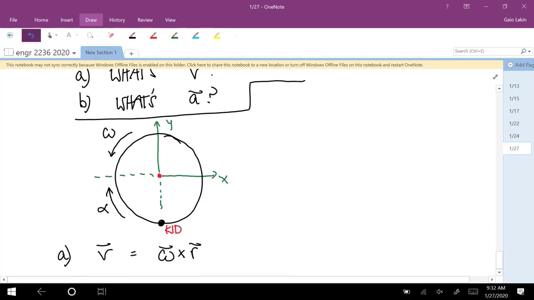So if it's rotating in this direction, curl your fingers in the direction of rotation, and that means that your thumb is coming out of the board, which has to be the positive z direction.